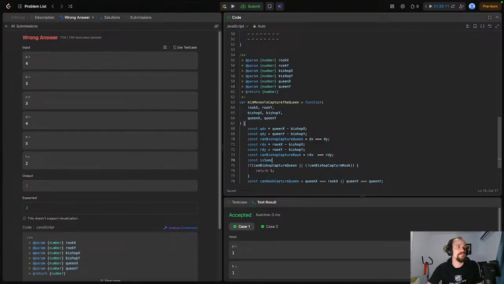Const is same direction if math.sign of qdx equals math.sign of rdx and math.sign of qdy equals math.sign of rdy. So basically, are the queen and the rook in the same direction?